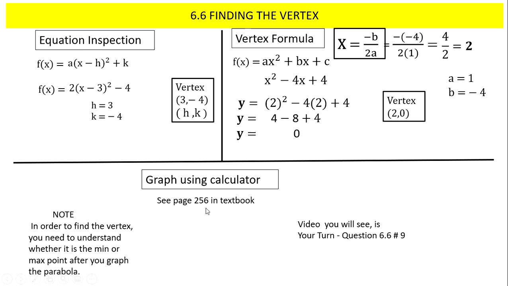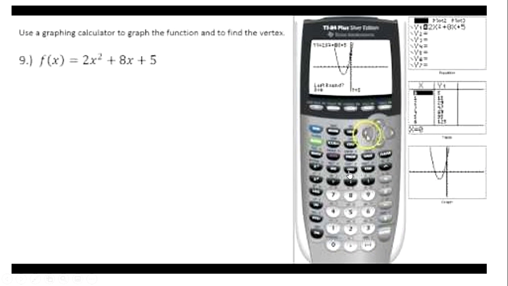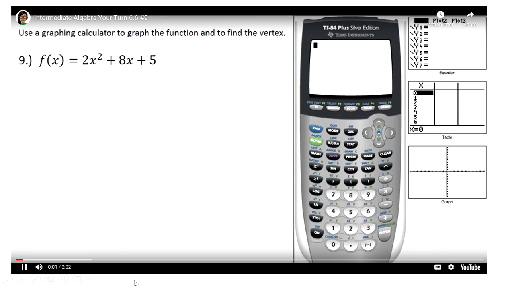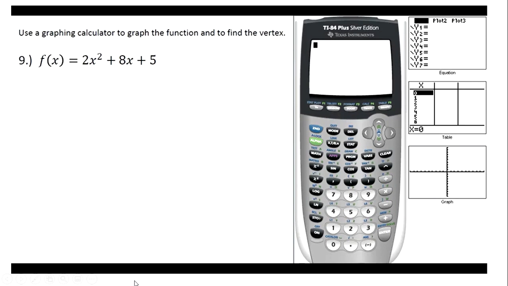Alright, so besides just looking at the textbook, we have an example here, and it's part of the Your Turn, question 6.6, number 9. Wait till this comes up a second, and here we go. Use a graphing calculator to graph the function and to find the vertex.